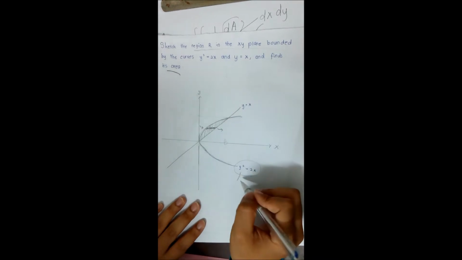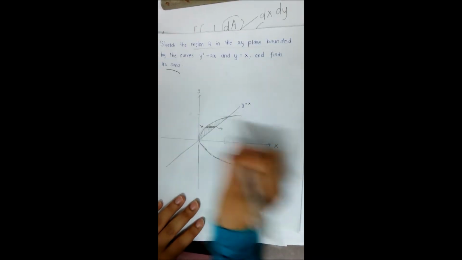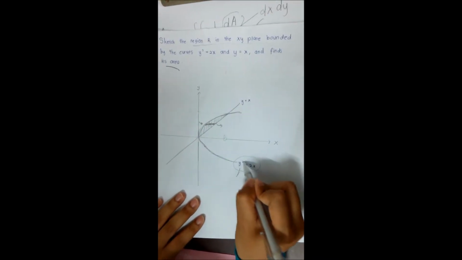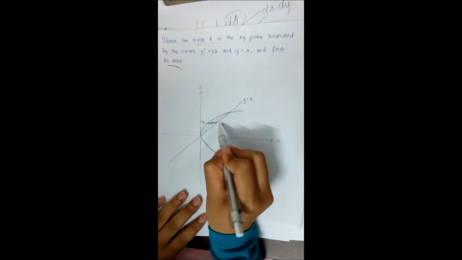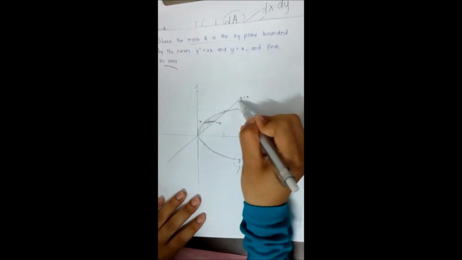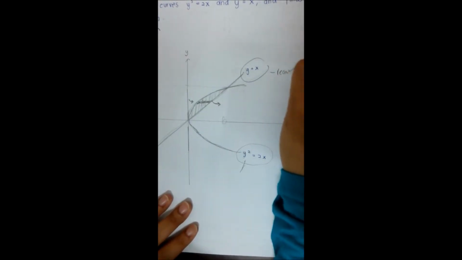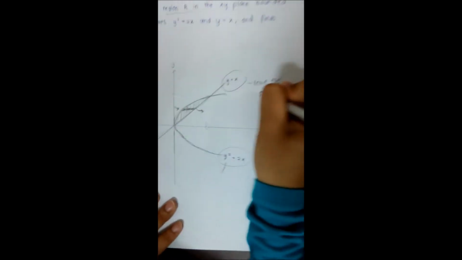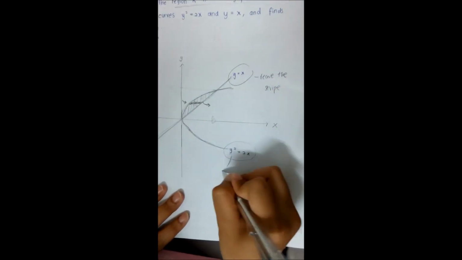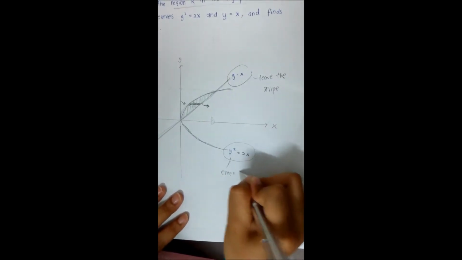Okay, and the left, the stripe is this function, right? So y equals to x. So this will be the leaving stripe, and this will be the entering stripe.